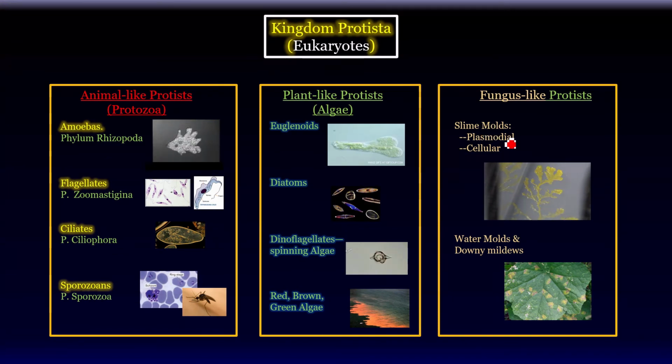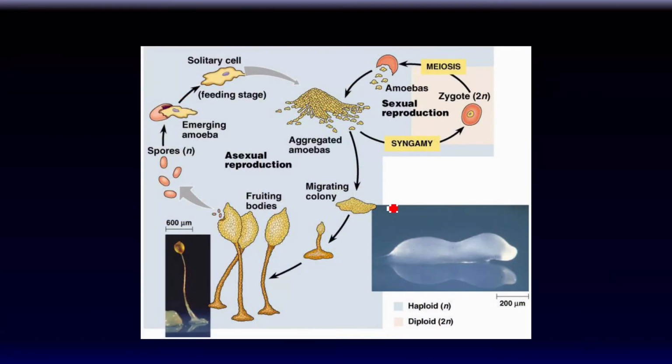There are two types of slime molds, as I suggested, that we should briefly acquaint ourselves with. The one we discussed is the Plasmodial slime mold. The other one is the cellular slime mold. The primary difference is that in the cellular slime mold, the aggregate amoebas retain their cell membrane.